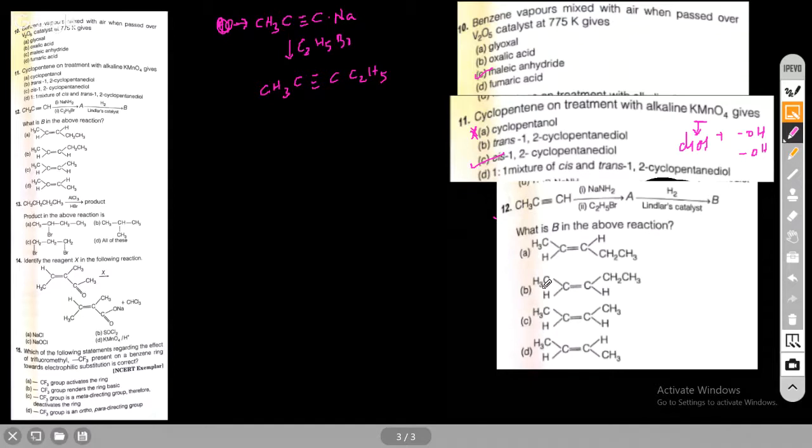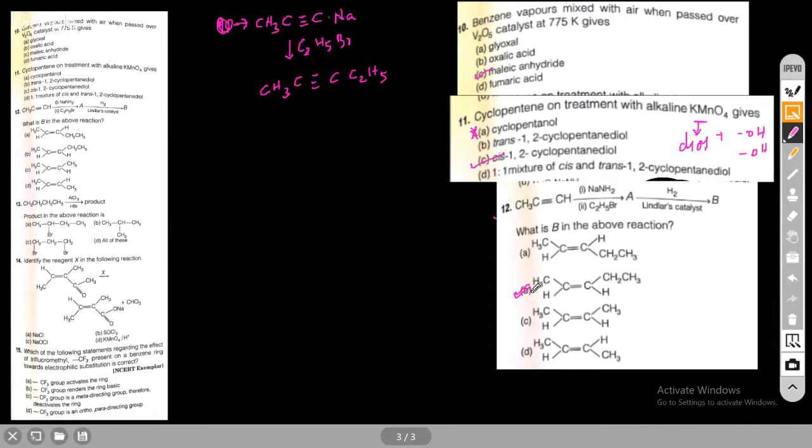Whenever we have Lindlar's catalyst, it always gives cis addition. So one triple bond will break and these two carbon atoms will take two hydrogen atoms, one here and one here, on the cis manner from the same side, and hence we'll get option B as the answer. Did you get it?